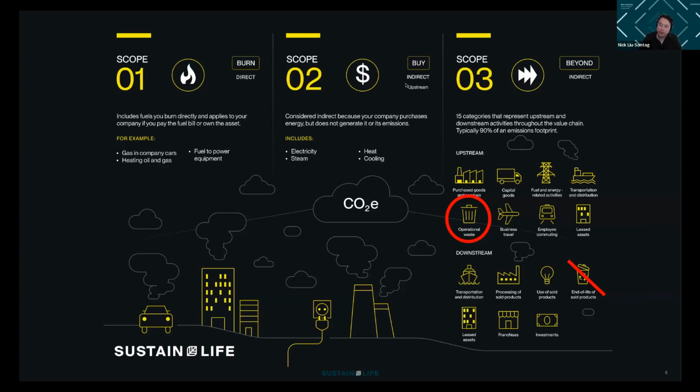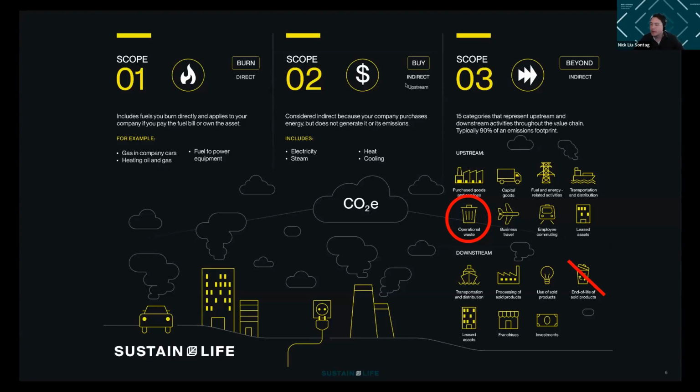So for example, your waste hauler or the waste treatment site where your waste is ultimately ending up. If, for example, you are treating your own waste, then that means you're directly emitting those gases, and those emissions would fall actually under scope 1 in that case. So we're talking about here, you're handing your waste off to a third party, and they're creating emissions from that waste.